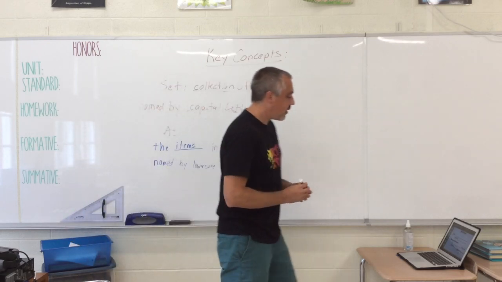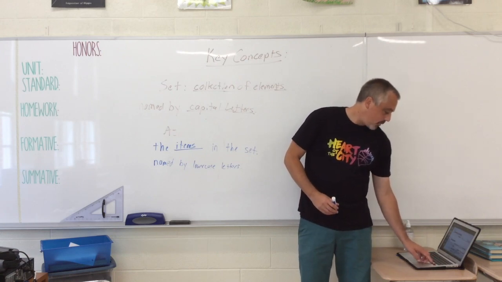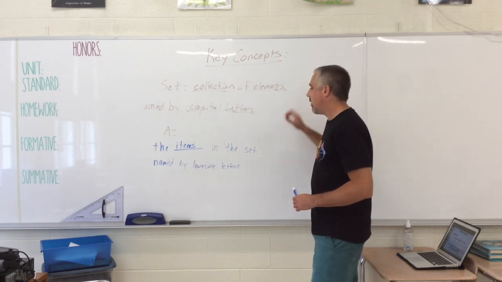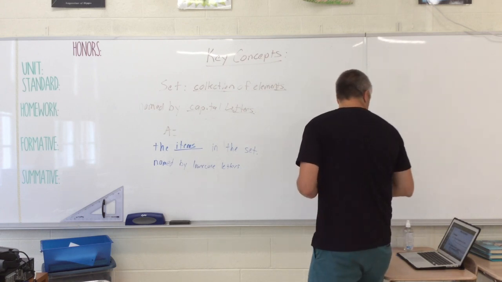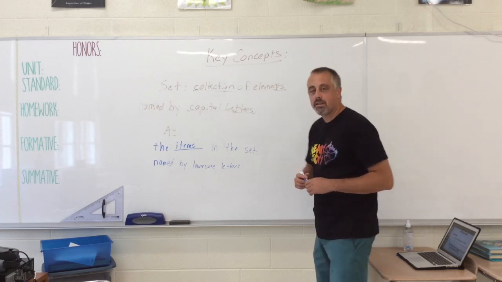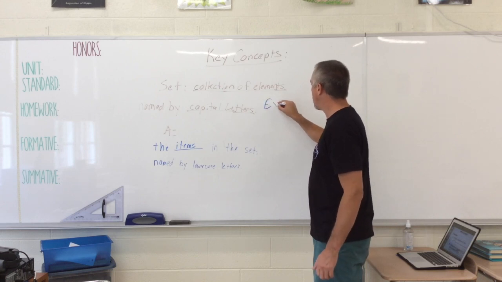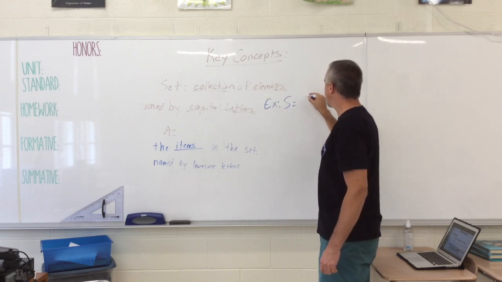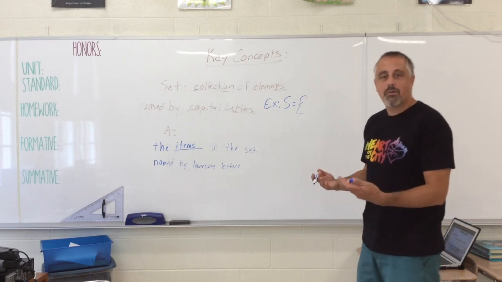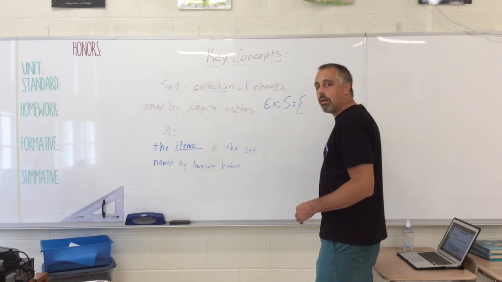So an example, if you look at the next slide, your examples there say if the set of seasons is S, then S is going to equal, and we're using braces for all of our sets, and you're just going to list out the seasons. So this is one way that we represent a set, by listing it out.